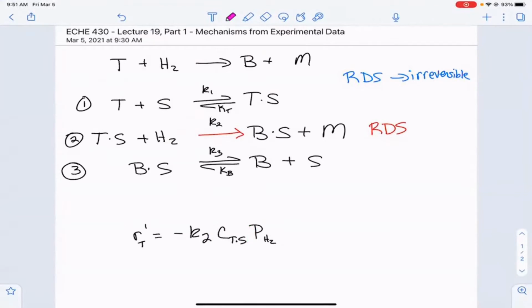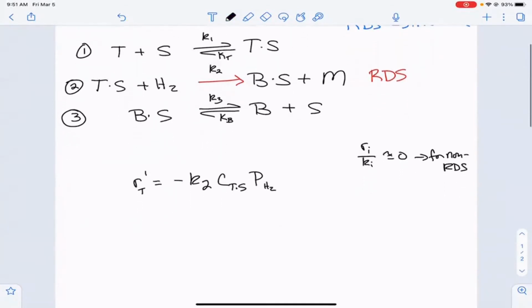And of course, we're going to use the fact that for all of the non-rate determining steps, the rate of the reaction divided by the rate constant is approximately equal to 0, right? For the non-rate determining step. And so let's do this for reaction 1.